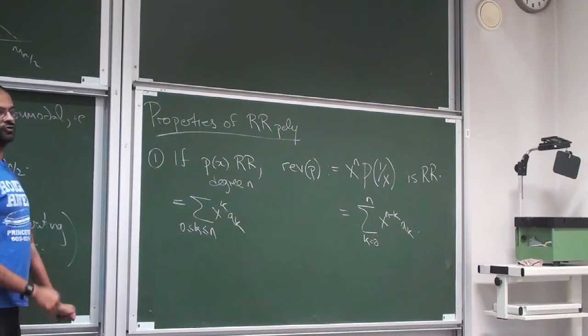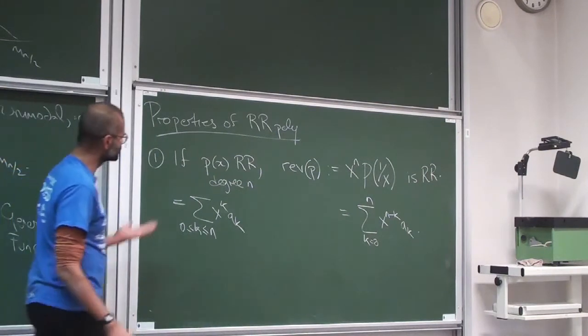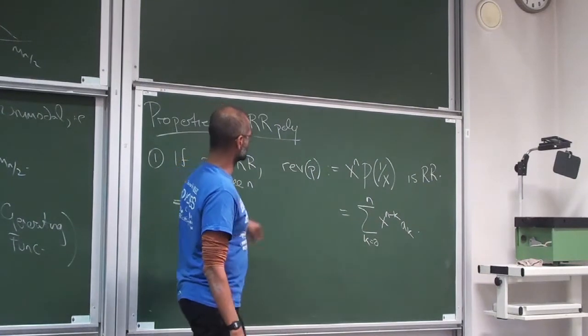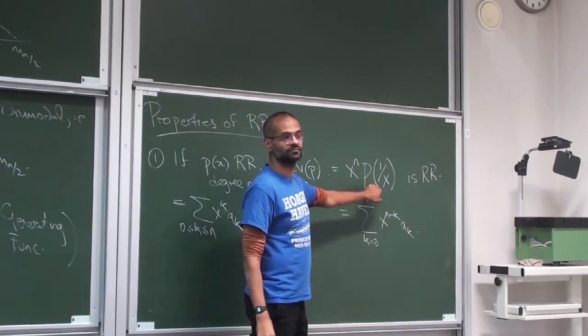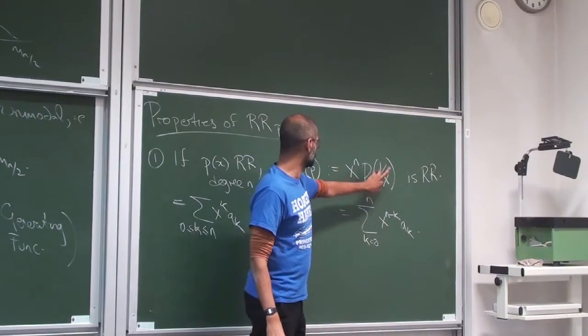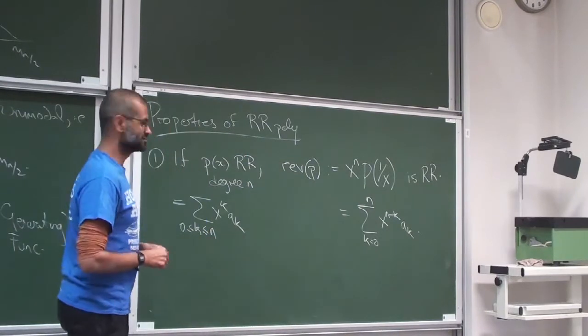Okay, so can anyone see the proof of this? The proof is just, well, assume this has a complex root. That root's not 0, because 0 is not complex. So then 1 over that root is a root of this. That's not real. Okay, this is a sort of easy property.